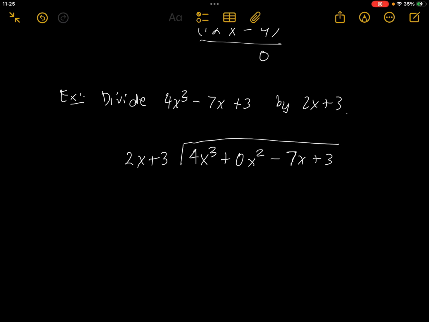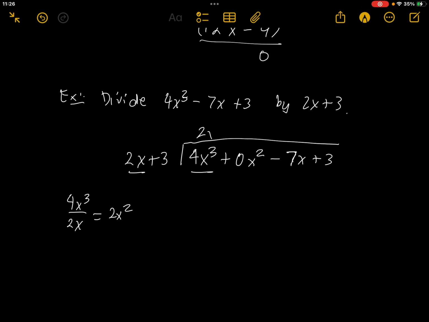And let's go over the steps again. We divide the first term, 4x cubed, by the first term of the divisor, 2x. So in this case, we're doing 4x cubed divided by 2x is 2x squared.